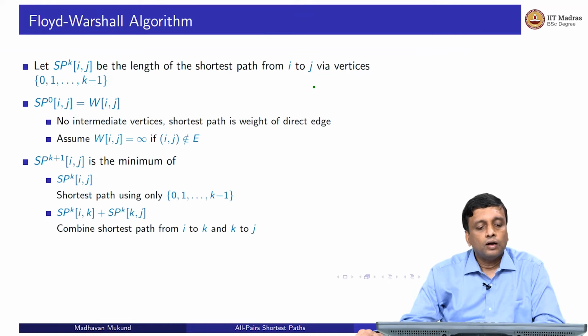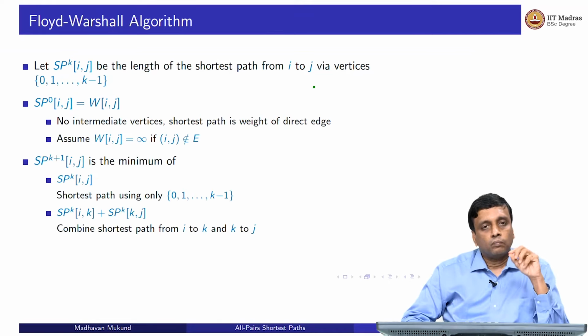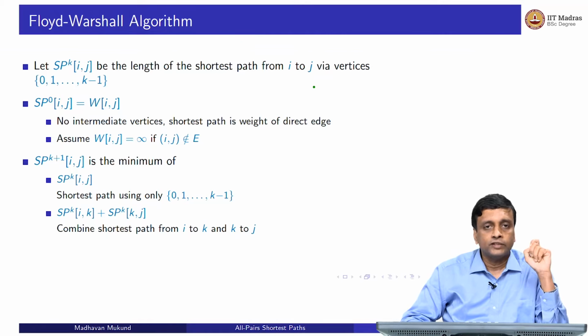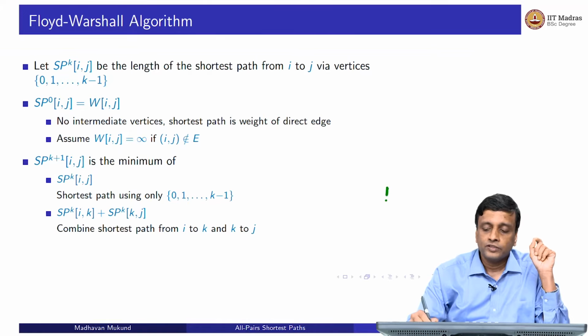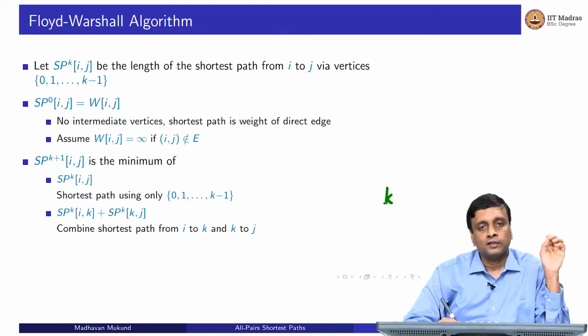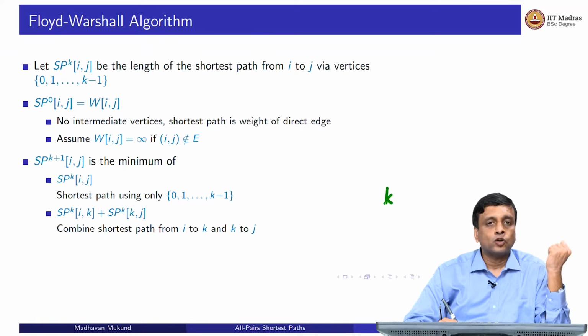Now, if I want to calculate what happens when I go from SP^k to SP^(k+1), we have again the same possibility. I do not need this new vertex. The index k plus 1 allows me this new vertex k. If I do not need it, then the shortest path using all of 0 to k is the same as the shortest path I already had from 0 to k minus 1.